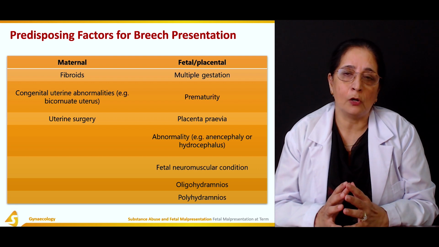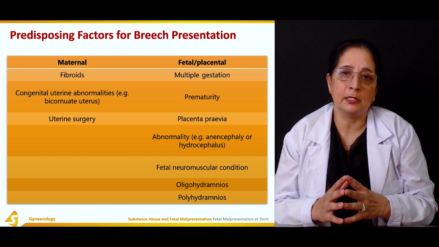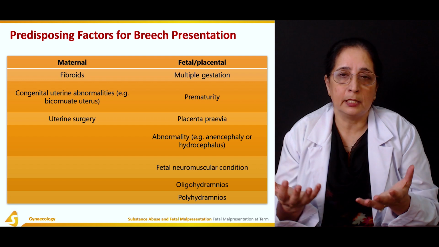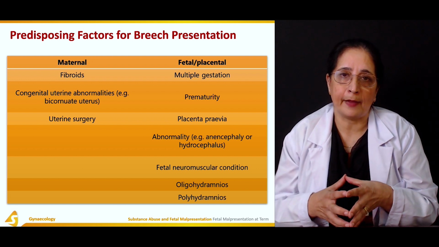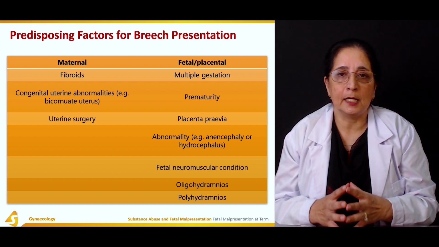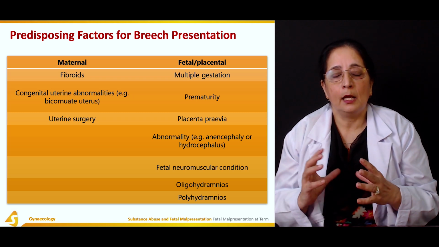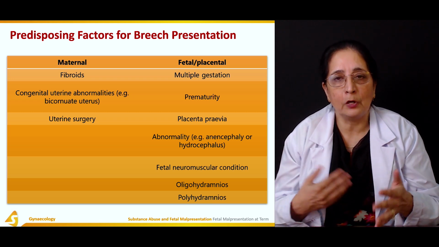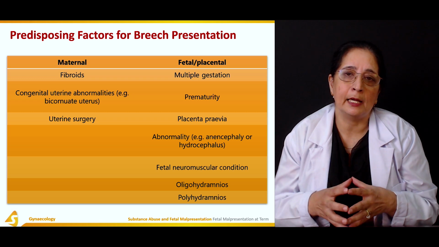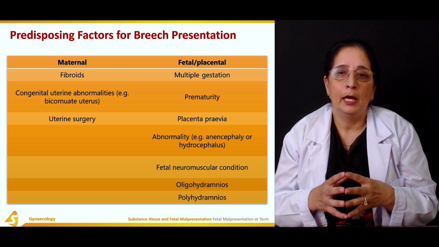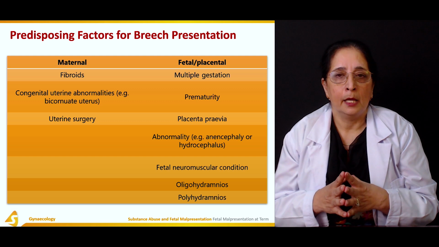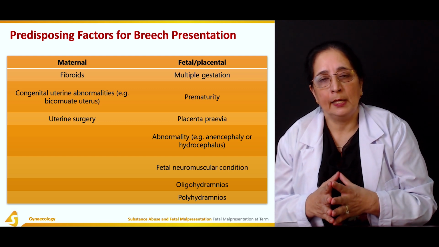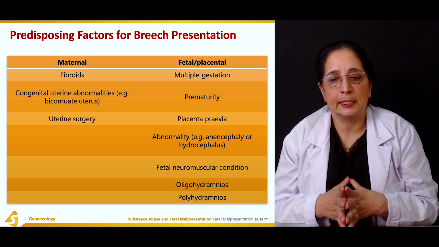So both can cause breech presentations for the same reason. Mobility is affected. Polyhydramnios, increased fluid, increased movement, they keep on changing positions, and then in oligo, again it can affect the fetal mobility and cause breech presentation.